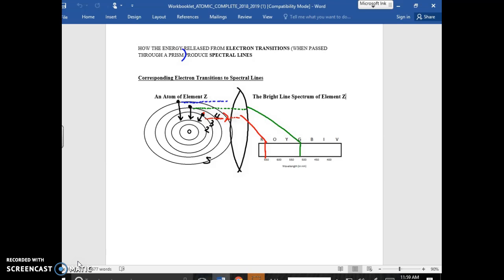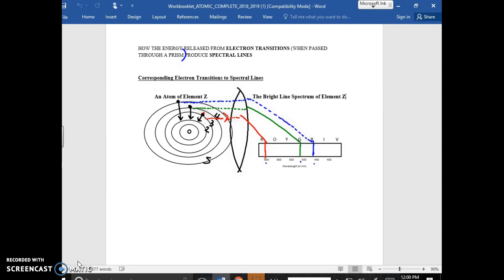Turns out that blue light is one of the most energetic of the lights, and that's going to be scattered more. Blue light is scattered the most of these, and that's going to produce what we call a blue spectral line.